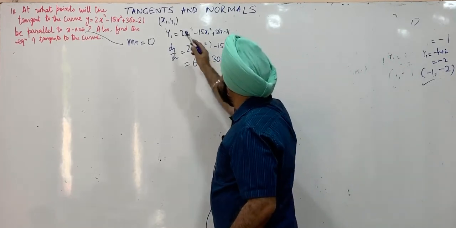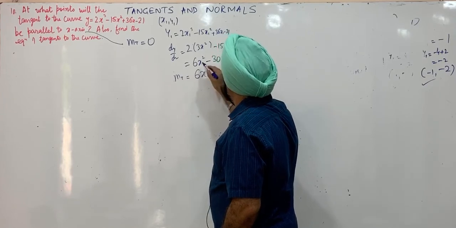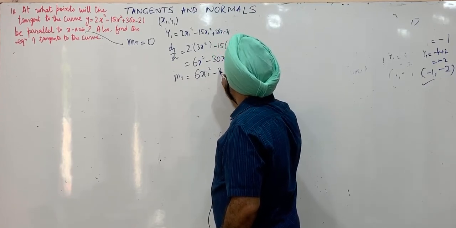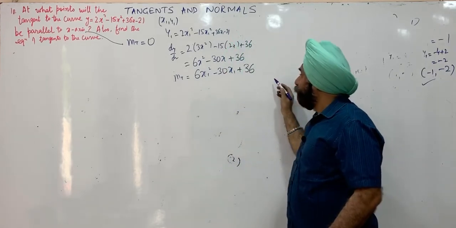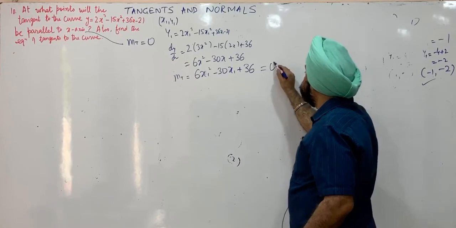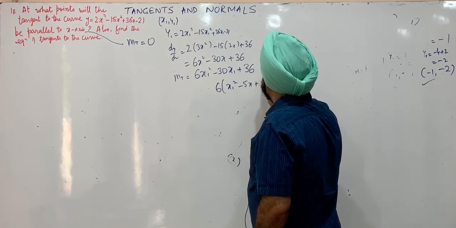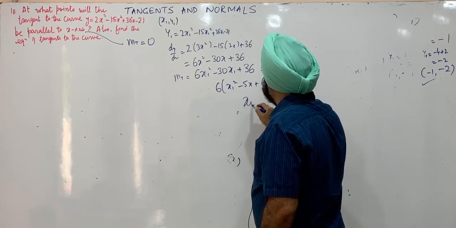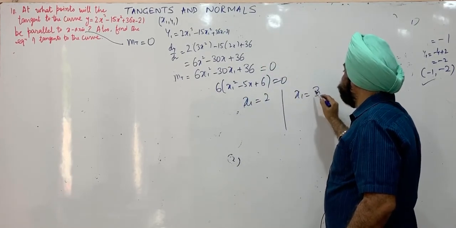To find out the slope at point (x1, y1), we put x equal to x1. Slope of tangent is 6x1 square minus 30x1 plus 36. Now slope of tangent is 0 because tangent is parallel to x-axis. Take 6 common, this is equal to 0. This gives us x1 equal to 2 or x1 is equal to 3.